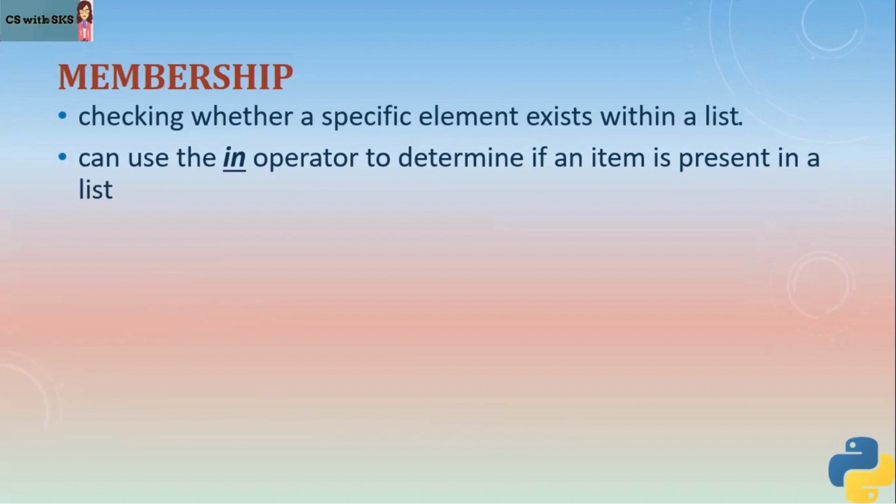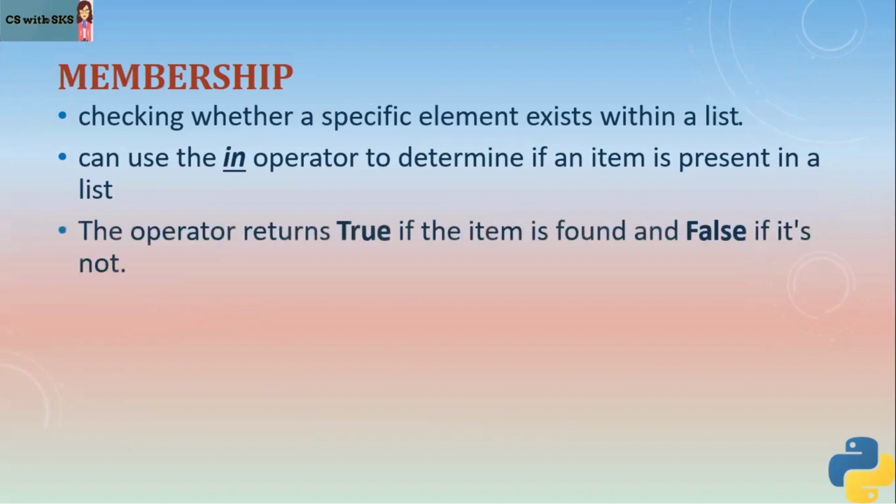So we can use the in operator to determine if the item is present in the list, and it will return true if the item is found and false if it's not found in the list. So this membership operator is very, very helpful when you perform search, when you create longer programs using loops. So this operator helps you a lot.